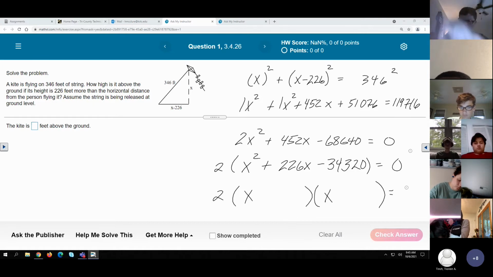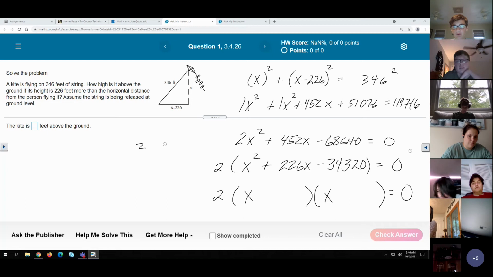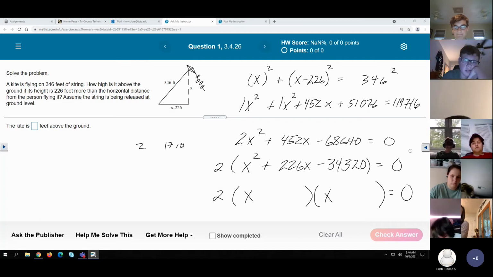And somebody give me 2 multiples of 34,320 that's going to equal 226. I have no idea. Somebody take 34,320 and divide it by 2, please. That's 17,160. Okay, and somebody divide it by 4, please.